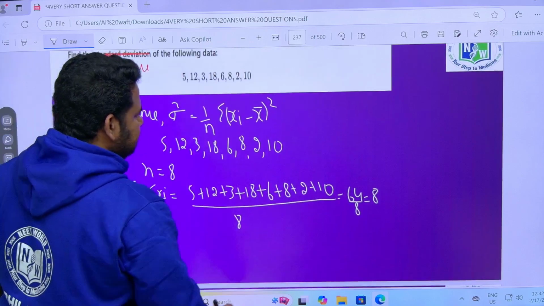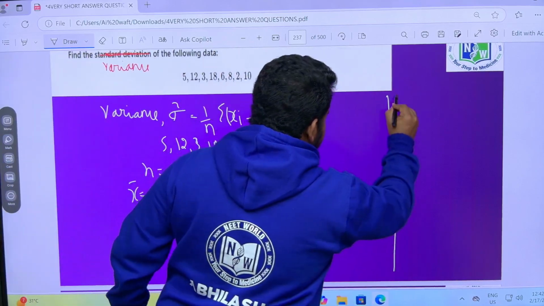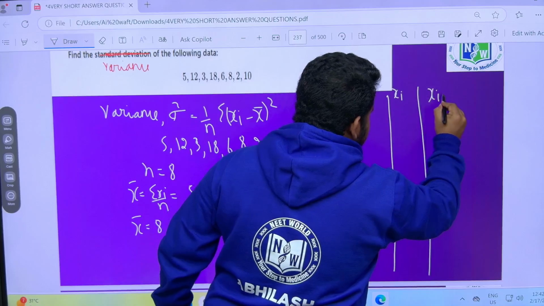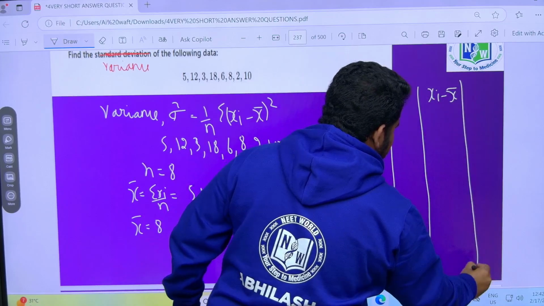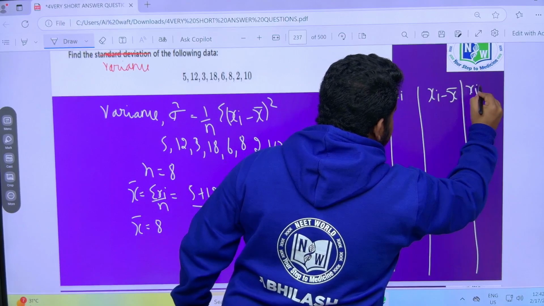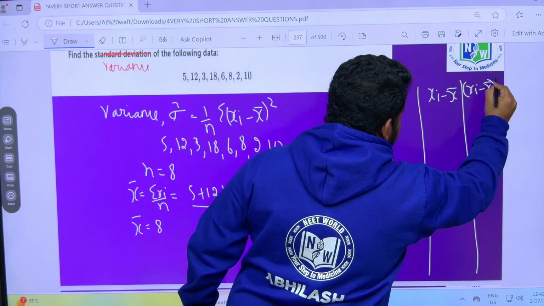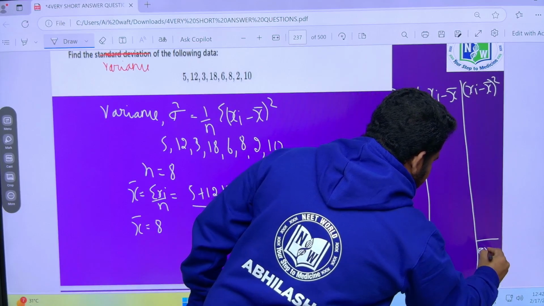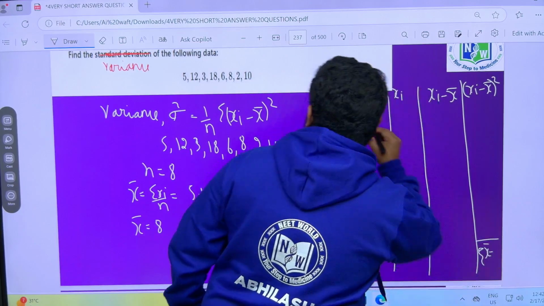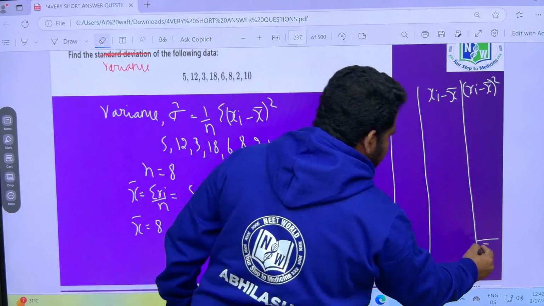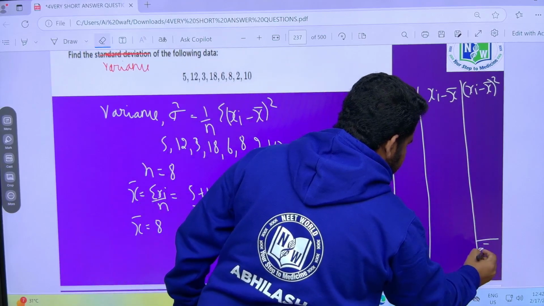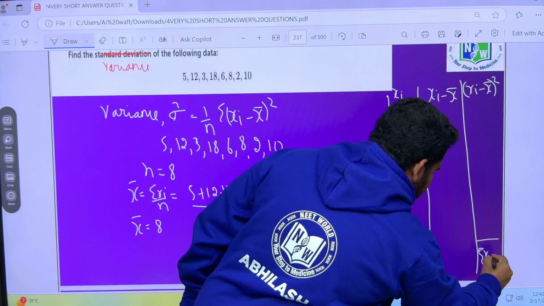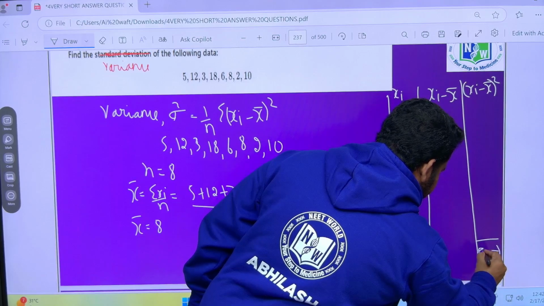We write xi, then xi minus x bar, then xi minus x bar whole square, and at the bottom the summation of this whole column, summation of xi minus x bar whole square.